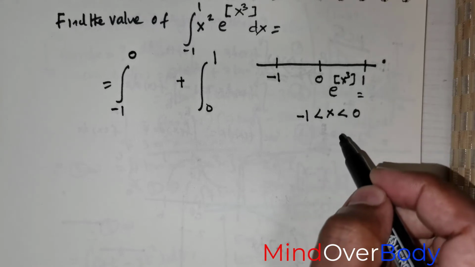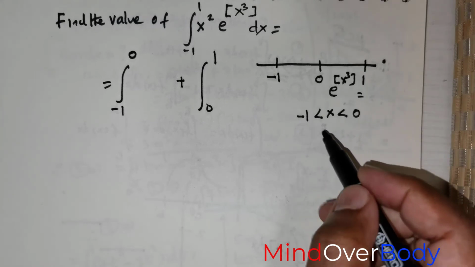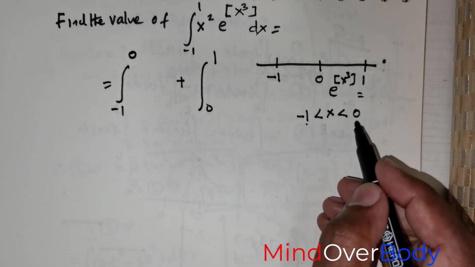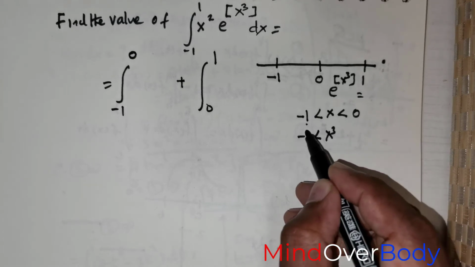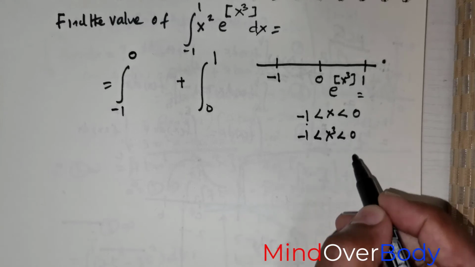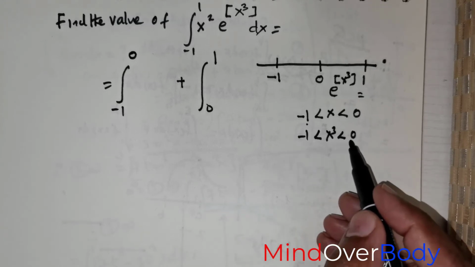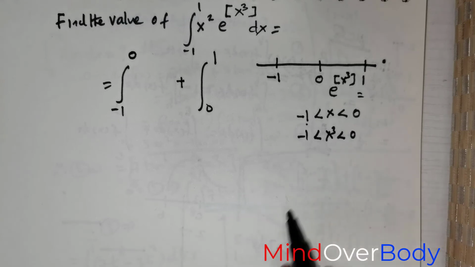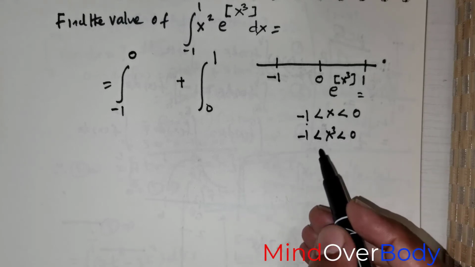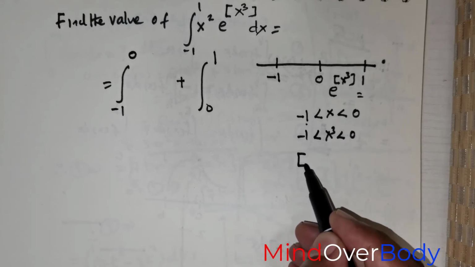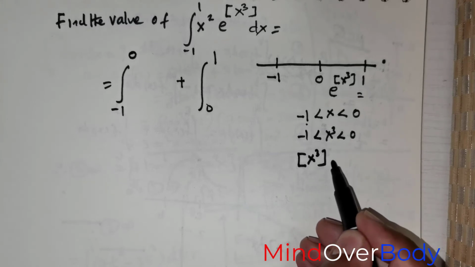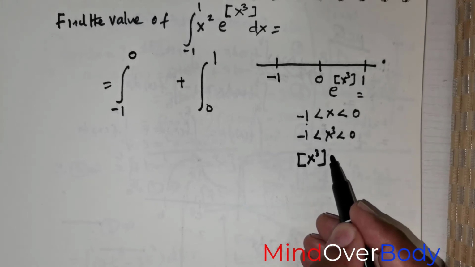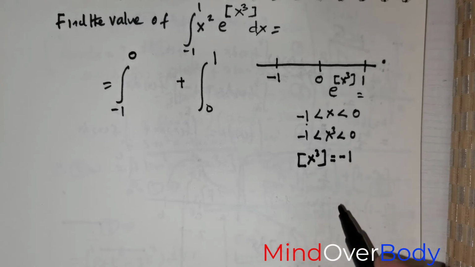So if x is lying between negative 1 and 0, x cubed will also be in this particular interval, negative 1 to 0, because all I need to do is just cube it. And if I take the greatest integer of x cubed, that would give me negative 1.